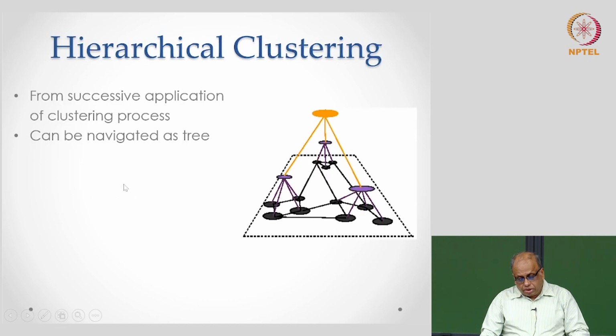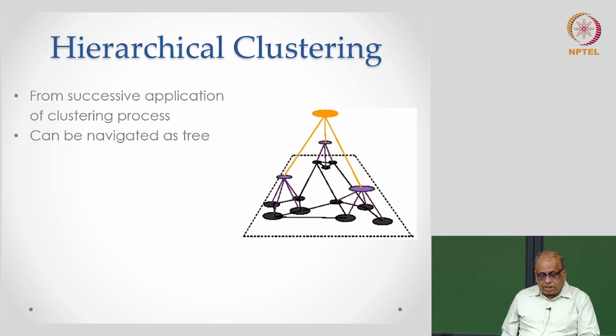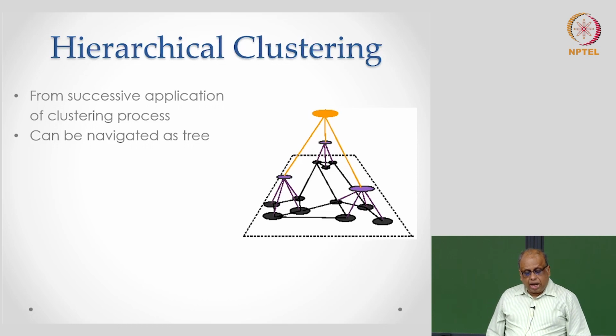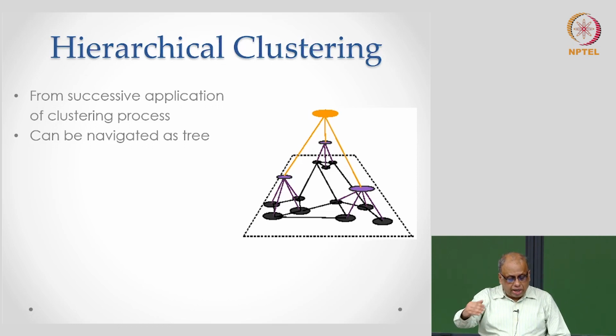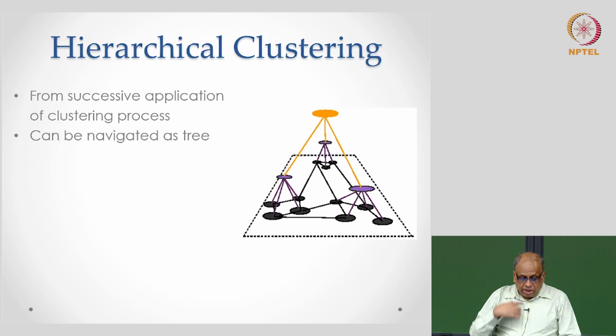One thing for doing clustering is that you can have a clustering in a hierarchical way. You can start with a large graph and then use clustering to get a few nodes, and then do clustering to get smaller and smaller numbers of nodes.